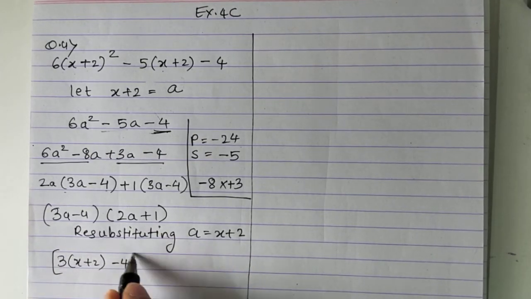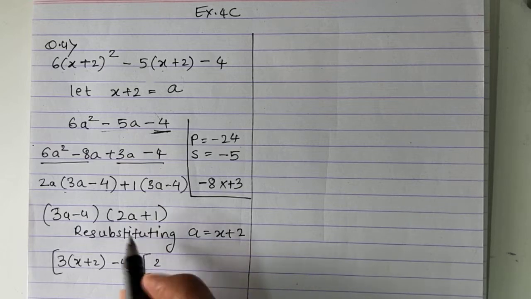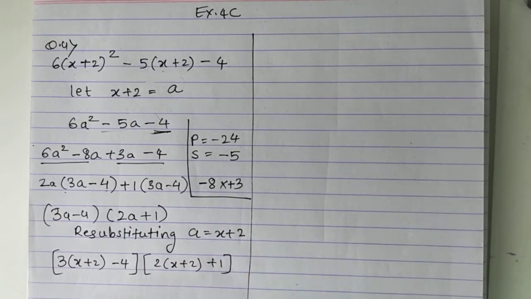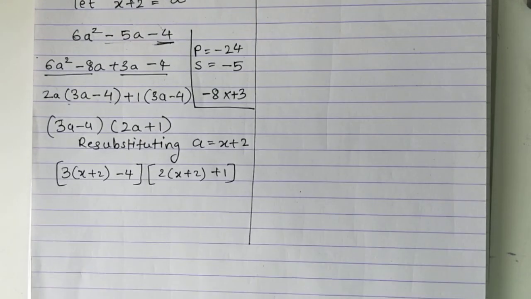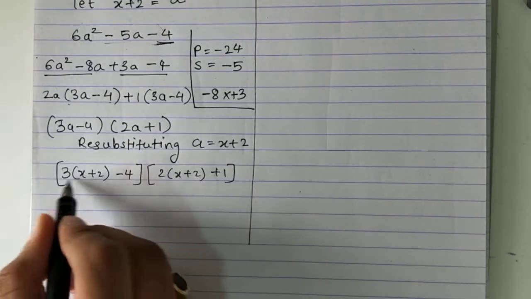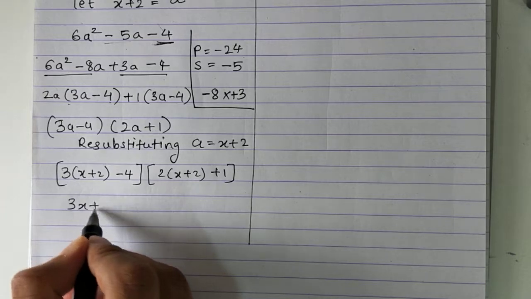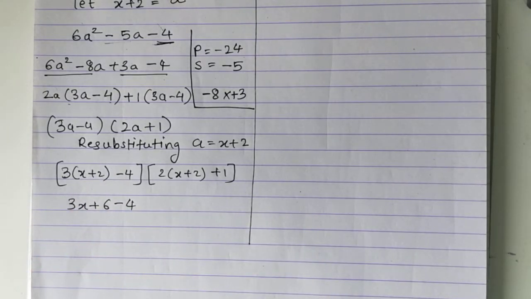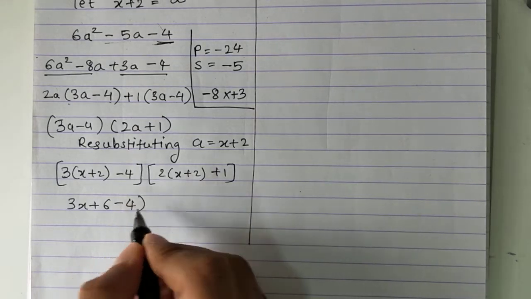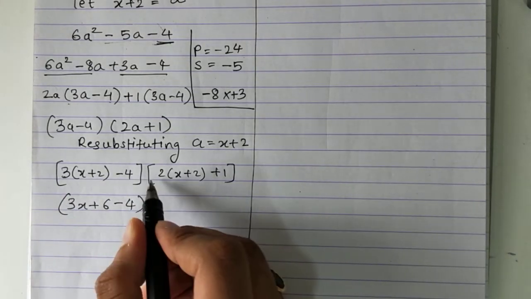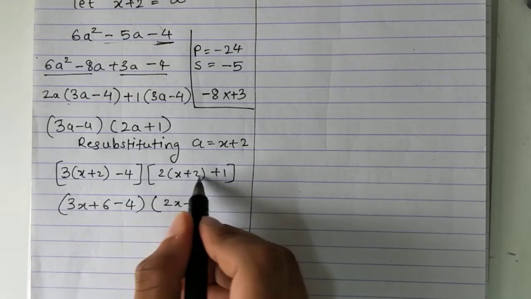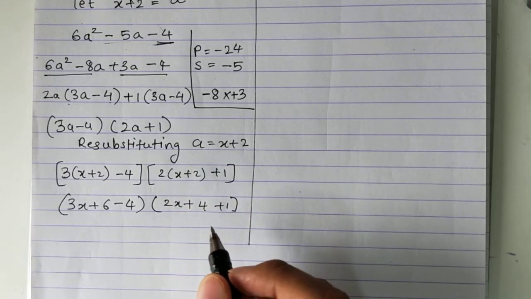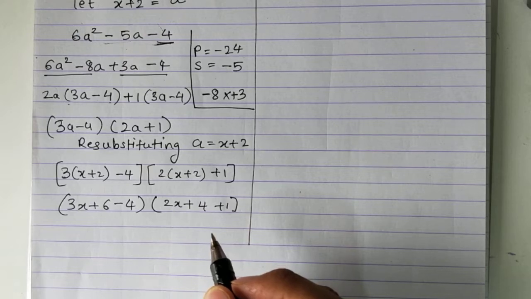minus 4, then 2(x plus 2) plus 1. Okay, let's open the bracket. So 3x plus 3 2s are 6 minus 4, and 2x plus 2 2s are 4 plus 1.